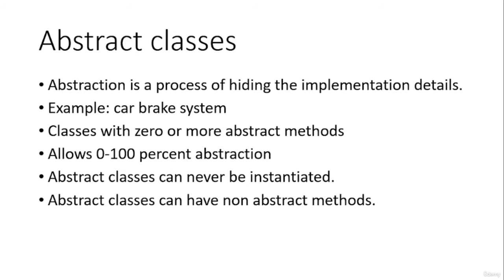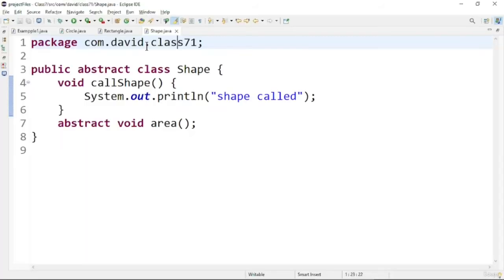Now let us see some programs based on abstract classes in Java. In this program, we are going to see abstract classes in Java, a key concept which we need to understand. We already mentioned the abstraction process in which we hide the implementation details from a particular user.